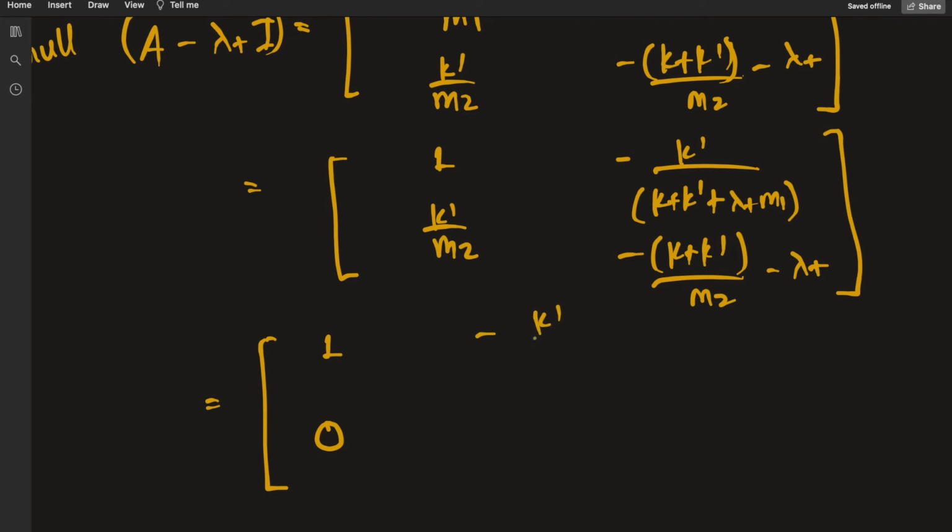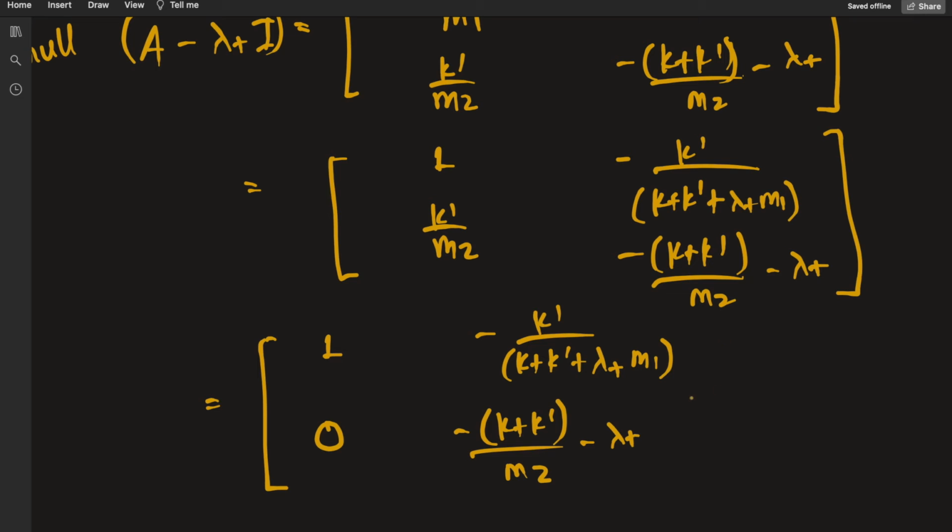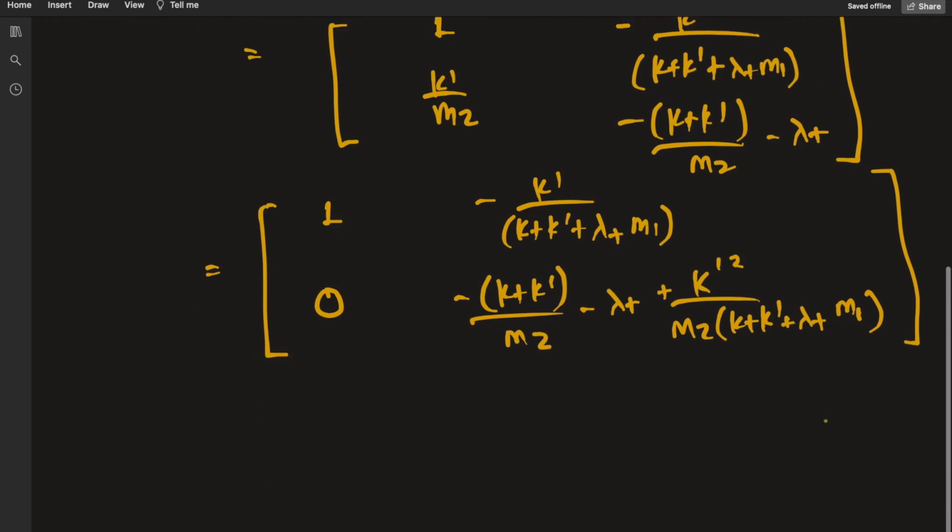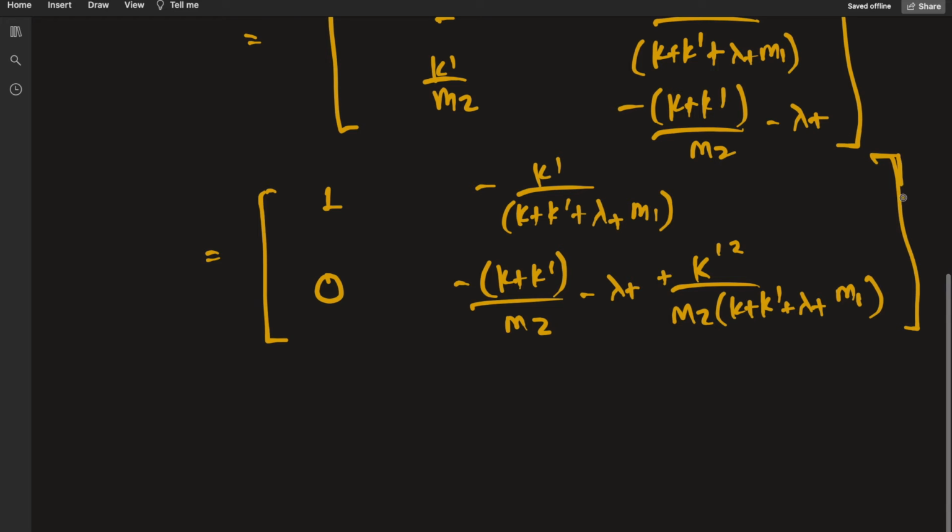So we have this first entry as it is. Now the second entry just becomes a weird expression: (k plus k prime) over m2 minus lambda plus, minus k prime squared over m2 times (k plus k prime plus lambda plus m1). Okay, now fine, we got one pivot.